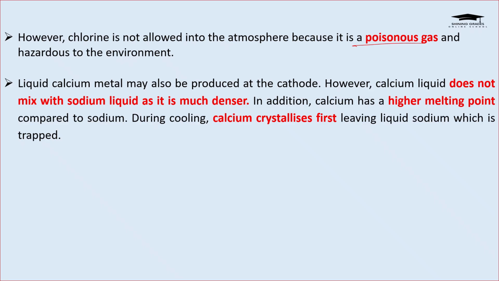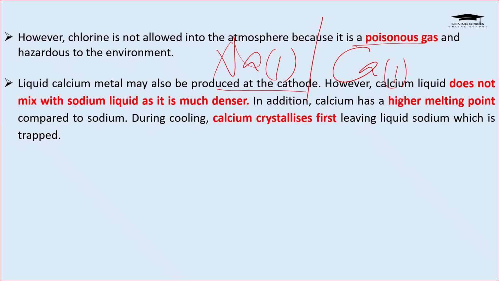We also notice that liquid calcium metal may not be produced at the cathode. But why? Why is it that during the formation of sodium, calcium is not also formed at the cathode? We notice that this particular metal can still be produced at that particular terminal.